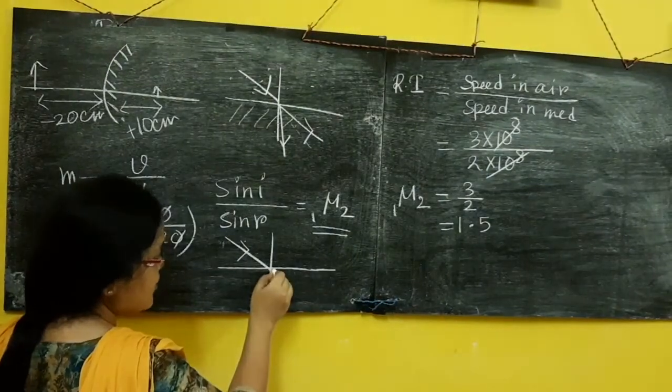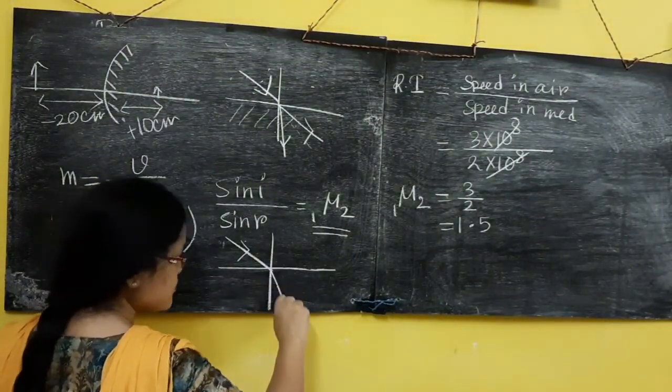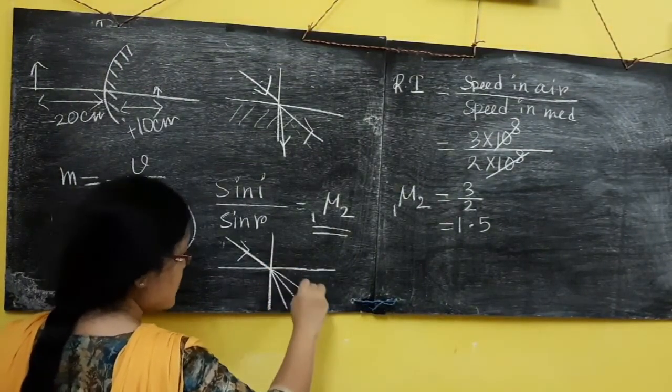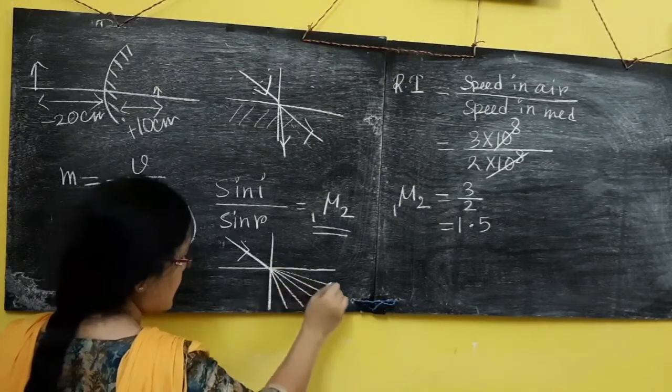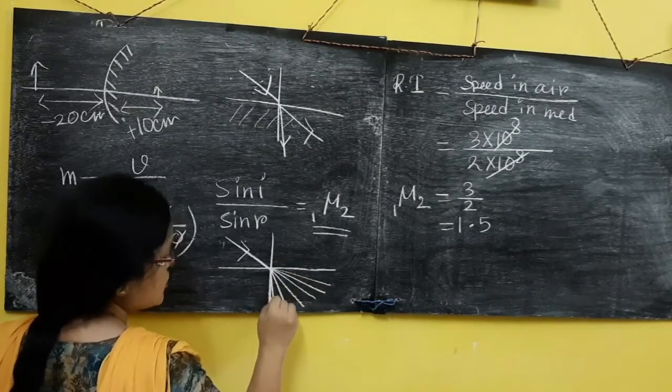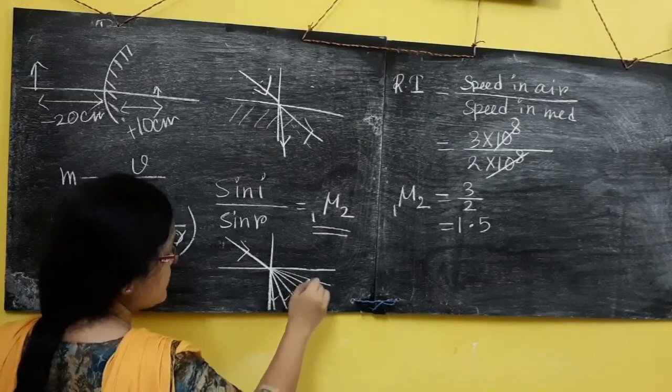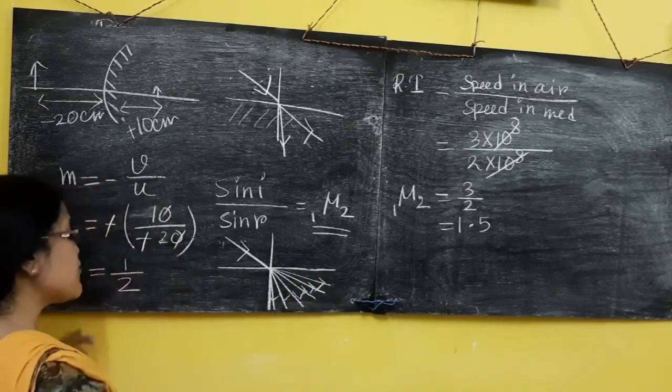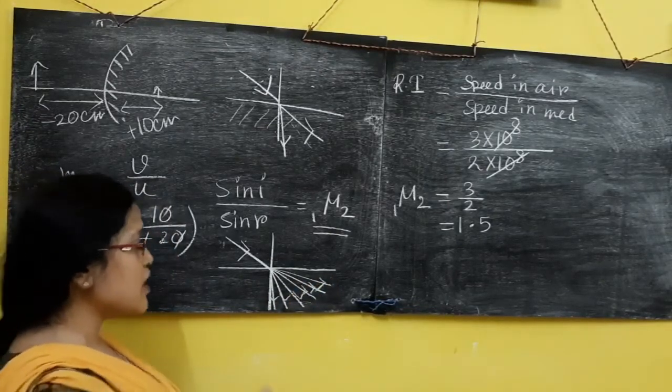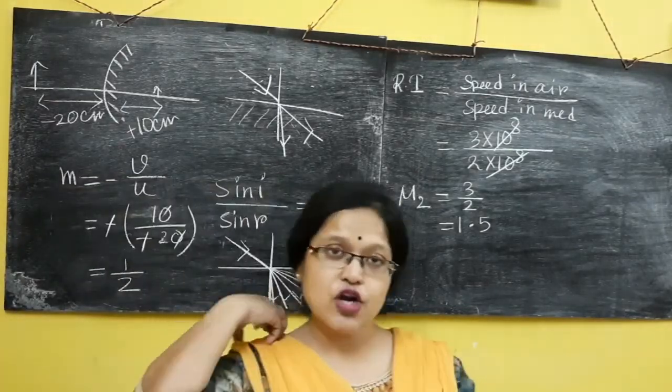So after refraction what I can see, there will be a spectrum of 7 colors like this, clear? So all these 7 colors will be split or separated from one another. So this whole phenomenon is called dispersion of light.